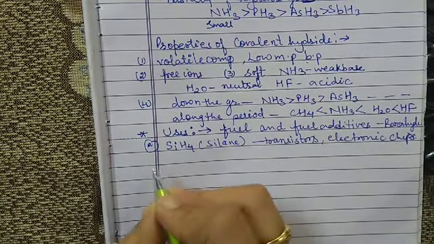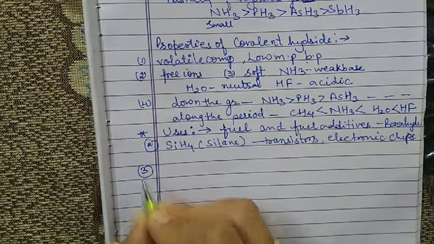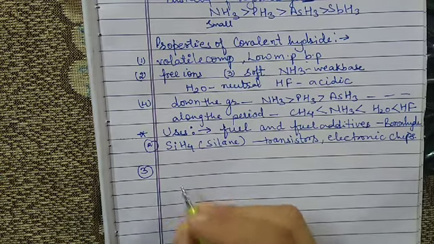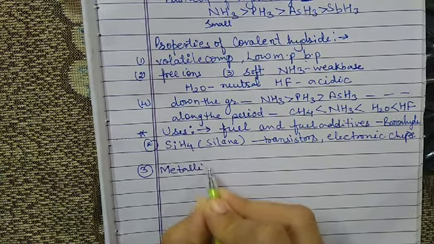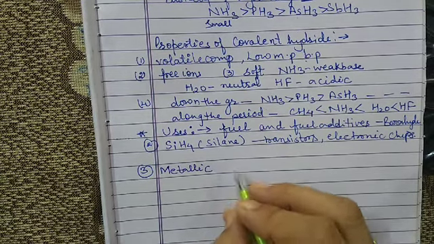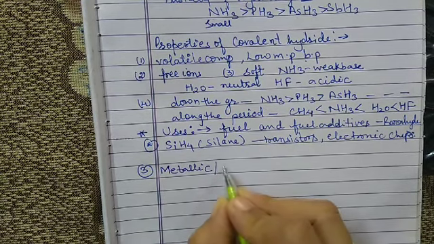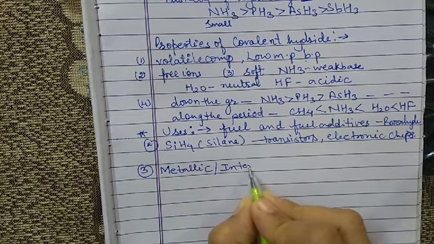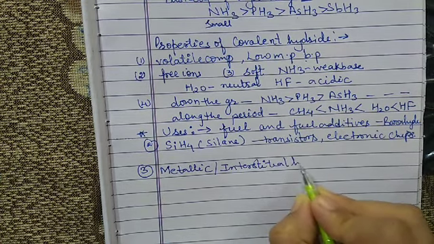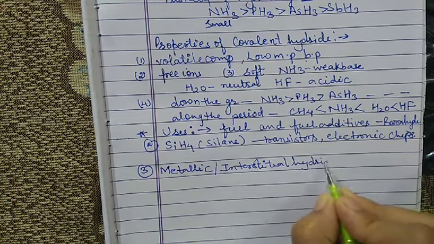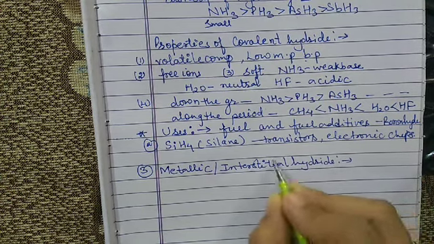Now the last type of hydride is known as the metallic or interstitial hydride.